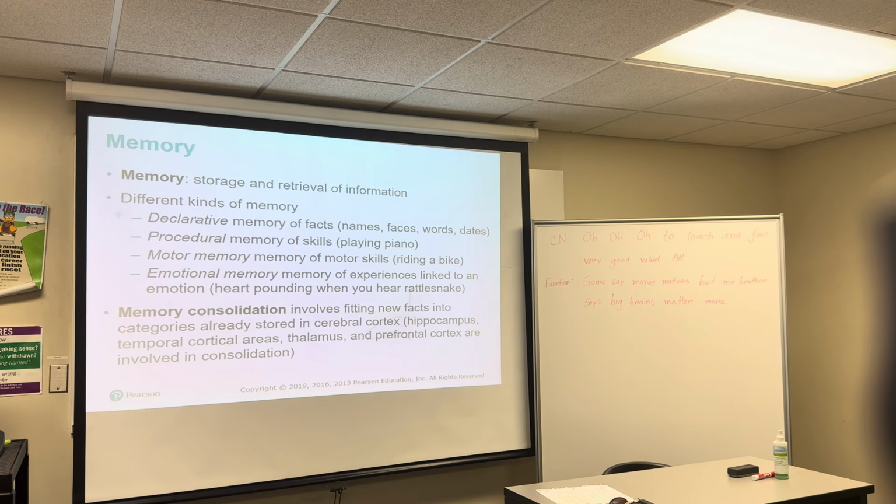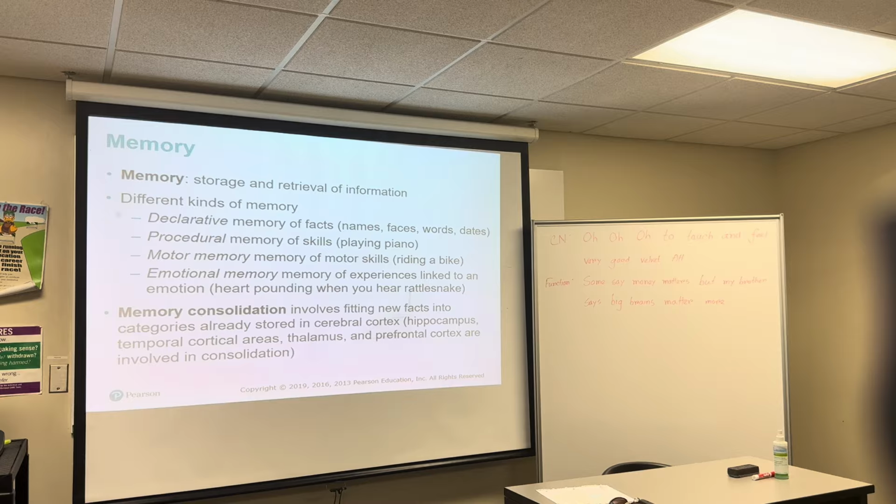Then the procedural memory of a skill, for example playing the piano, is a procedure, right? Riding a bicycle is your motor memory, because this is still a procedure, but you have to involve your motor function. Motor memory is riding a bike, but a procedure is playing a piano.